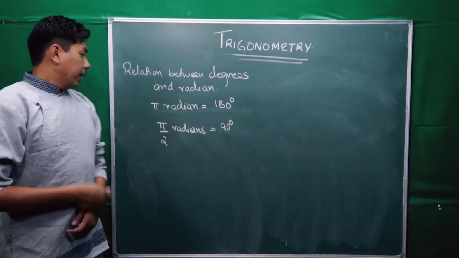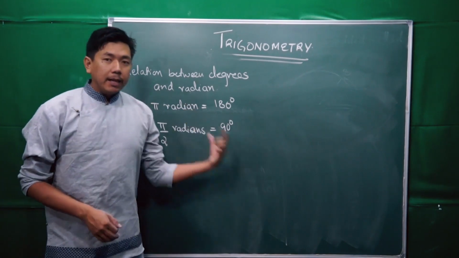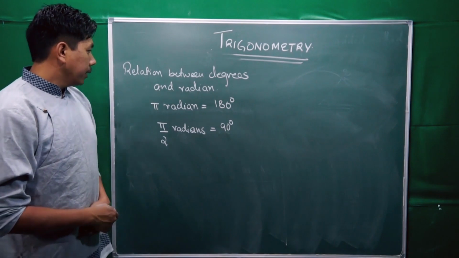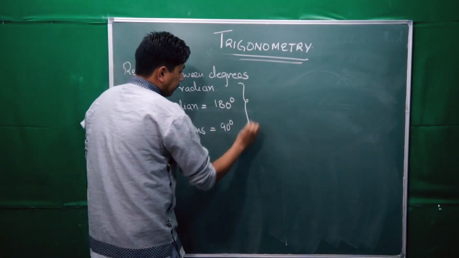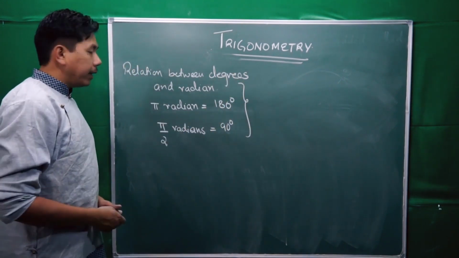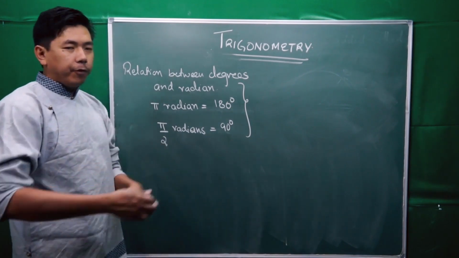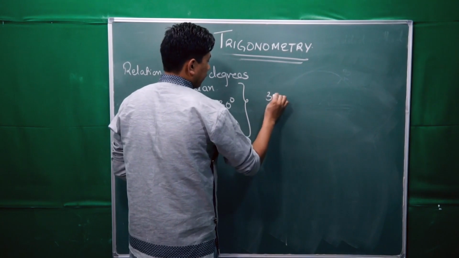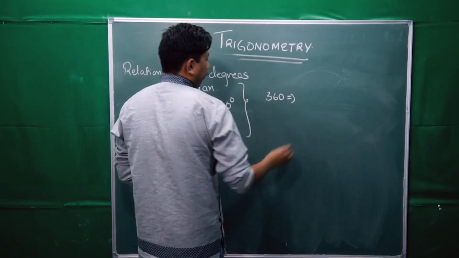Simple. And moving further, for example 270 degree, what is the value in the form of pi radians? So there's a simple method with which you can find the value of angles in the form of pi. For example, let's say 360 degree, to find in the form of radians.